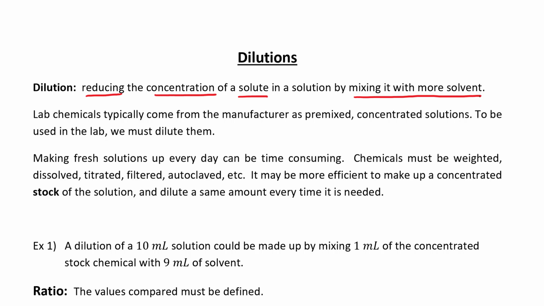It may be more efficient to make a stock solution, a higher concentration solution than you require, but a large volume of that. You can then dip into that stock when required and then dilute it down to the desired concentration. In any case, performing a dilution is a critical skill to have in any laboratory.